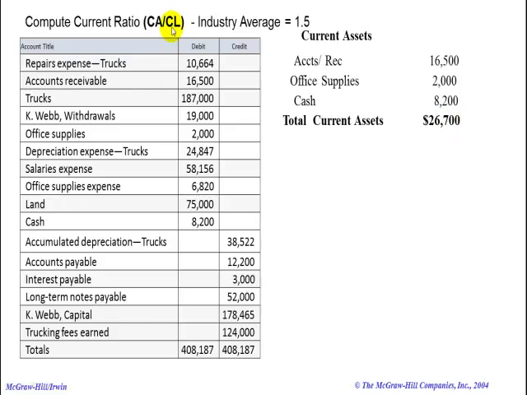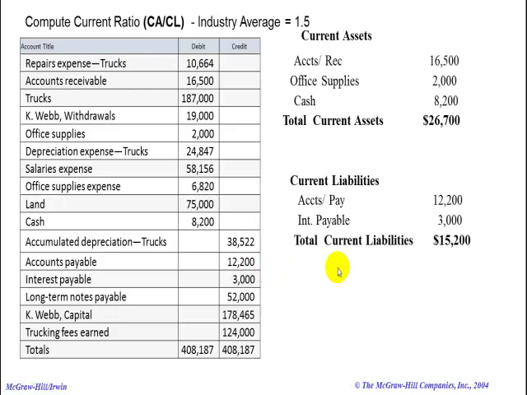I'm now going to get current liabilities, and current liabilities from this list, going from the top down, would be accounts payable, which is right here, $12,200. Interest payable of $3,000. And do I have any more? No, I don't. So my current liabilities are $15,200. Current assets are $26,700.